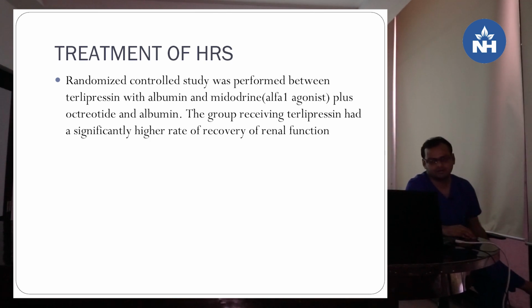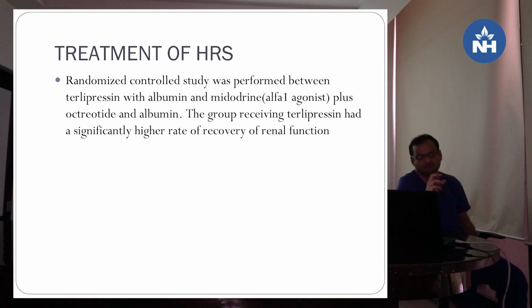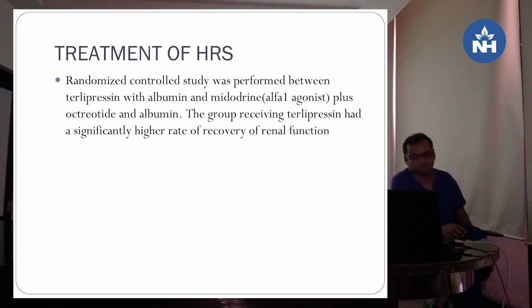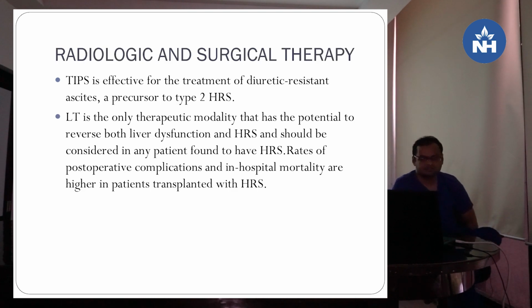If we compare albumin with terlipressin against albumin with midodrine and octreotide, studies have shown that the terlipressin group is better. Similarly, the norepinephrine group too. Radiological and surgical therapy for HRS is TIPS, transjugular intrahepatic portosystemic shunt, which is effective for treatment of diuretic-resistant ascites, a precursor of type 2 HRS.